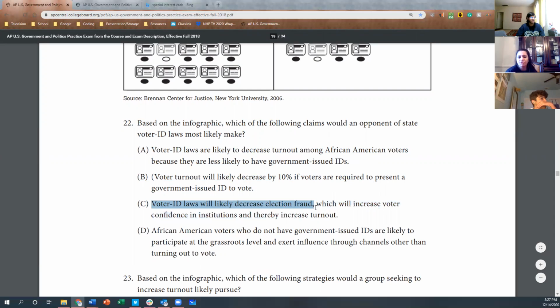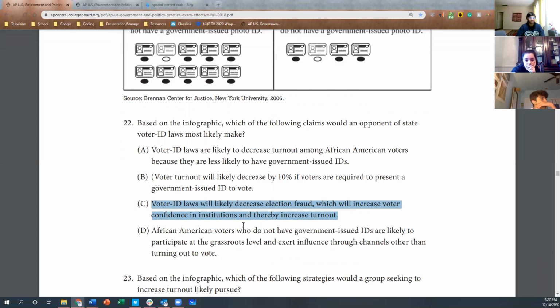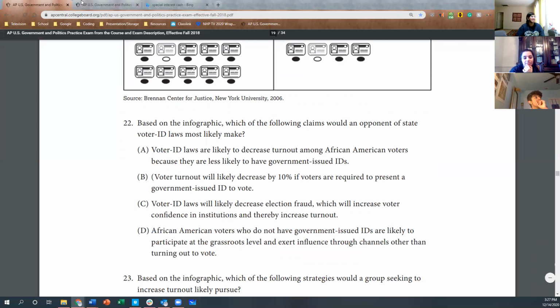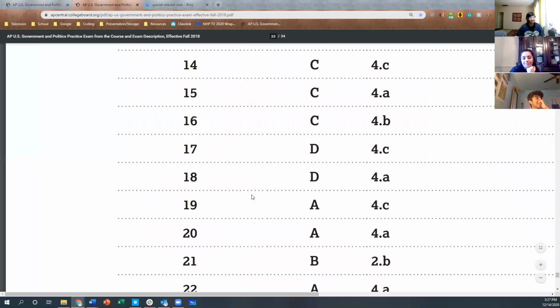Decrease election fraud? Well, that would be someone supporting state voter ID laws, not against them. African American voters who do not have government IDs are likely to participate? That doesn't make sense. Yeah, A, I think. A.